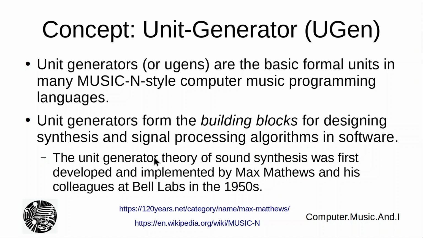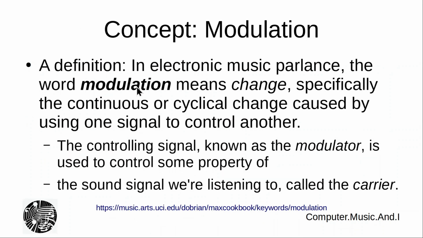And SuperCollider, just like Pure Data and MaxMSP, for example, belong to this type of languages, which are now denoted music-N style computer music programming languages. So now, when modules or UGens are interconnected, it becomes possible to change parameters of the UGens.